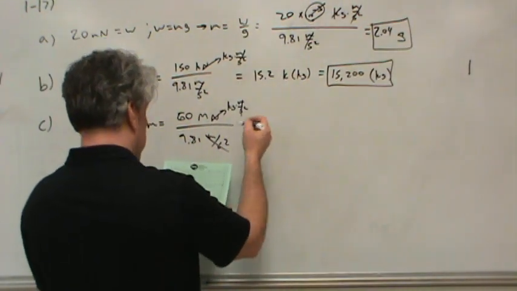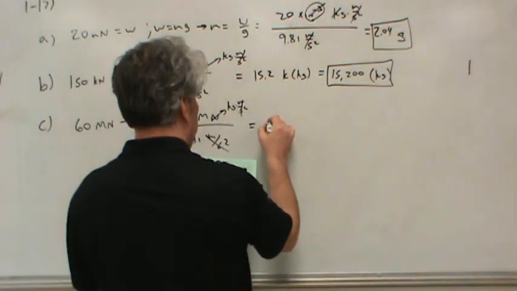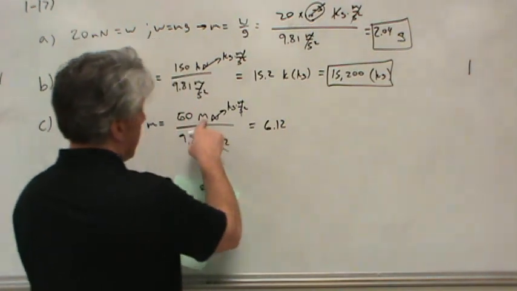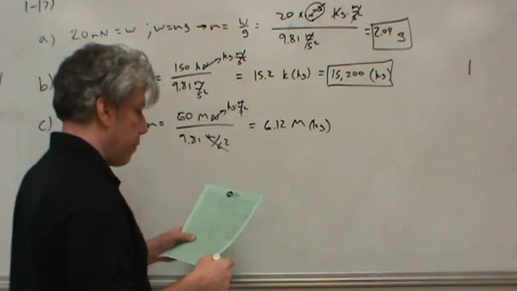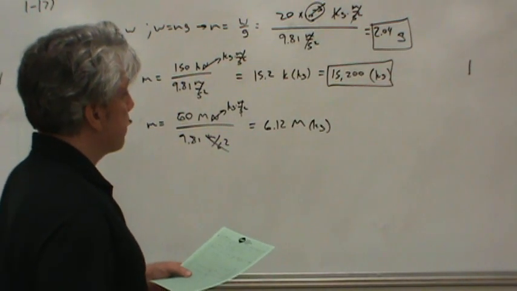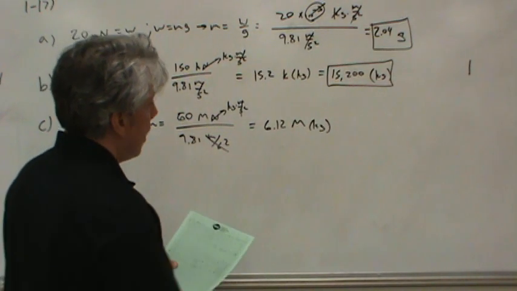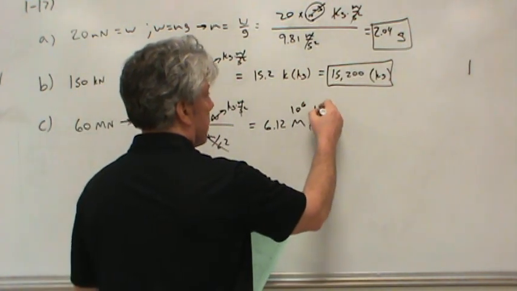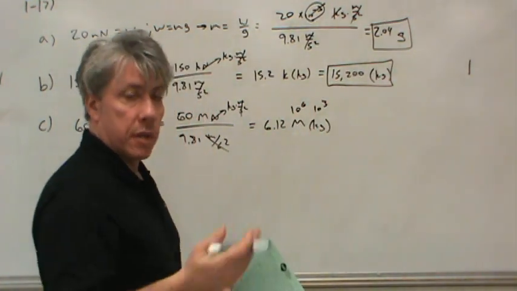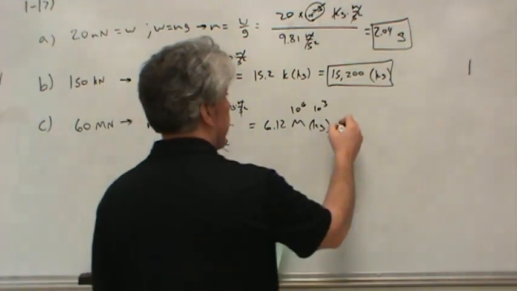And plug in the numbers into the calculator. 6 over 9.81 is 6.12 mega kilograms. Again, not good to have a compound prefix. I realize that mega is 10 to the 6th, and kilo is 10 to the 3rd. Add the exponents, that's 10 to the 9th, and the proper prefix for that is giga.